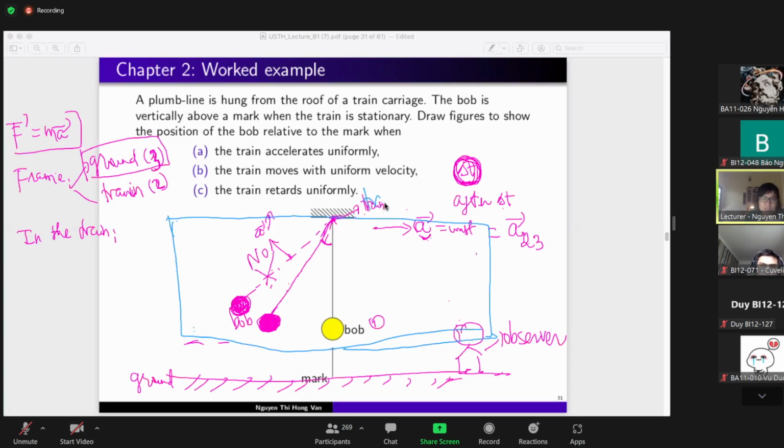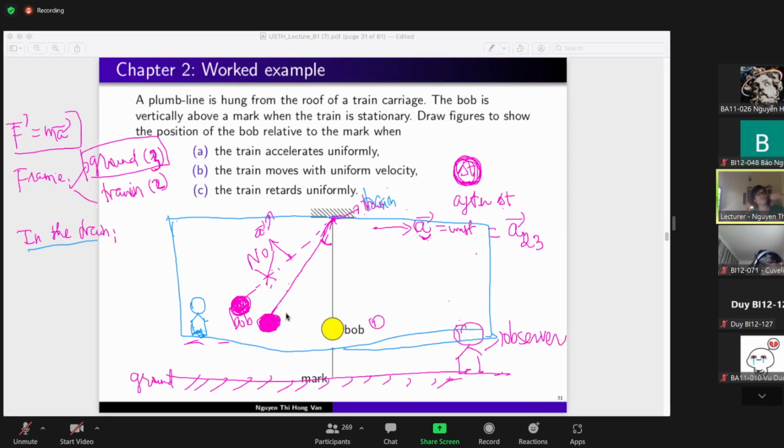The train is this one. And then the observer is standing on the train, sitting on the train here. Another observer on the train with a blue train. And inside the train, this observer sees the object doesn't move.